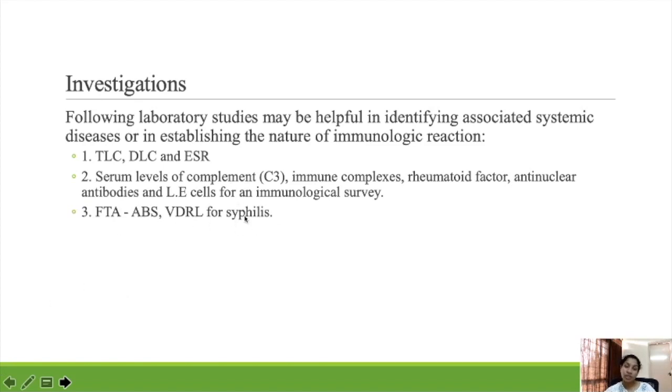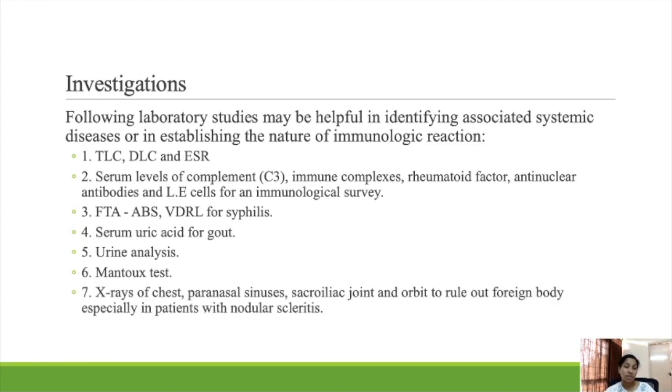To find out whether it's associated with syphilis, FTA-ABS and VDRL have to be done. For gout, we have to check serum uric acid level, and urine analysis can be done. Mantoux test for TB, X-rays of chest, paranasal sinus, sacroiliac joint and orbit to rule out foreign body, especially in patients with nodular scleritis. All these are investigations.